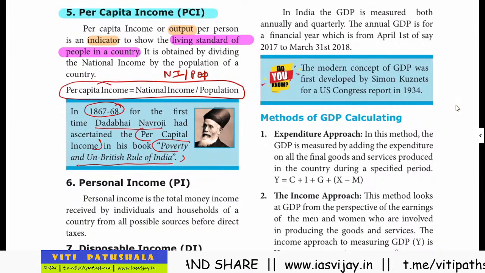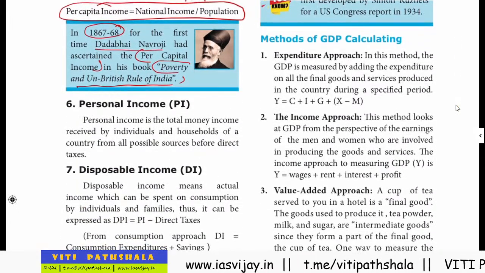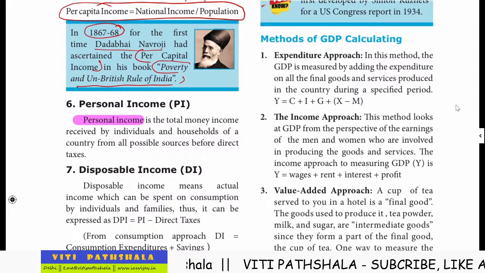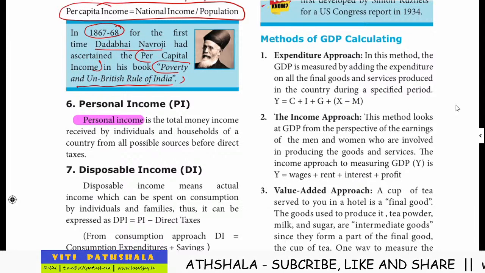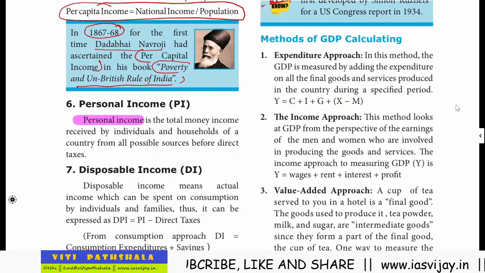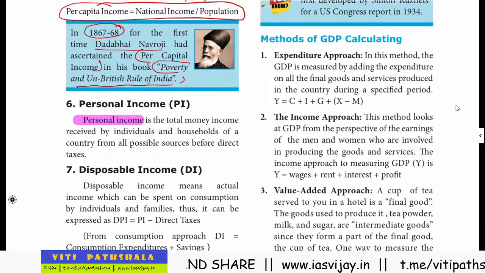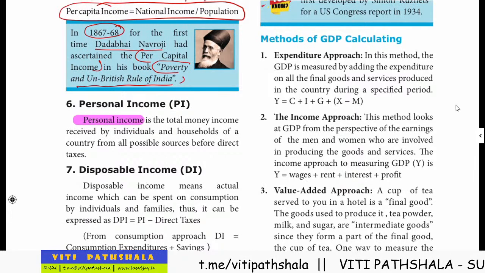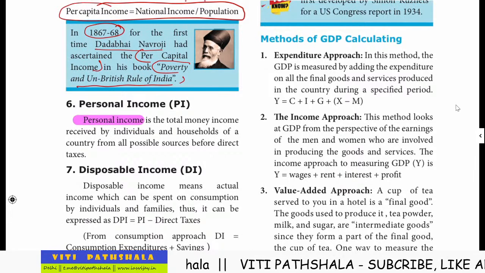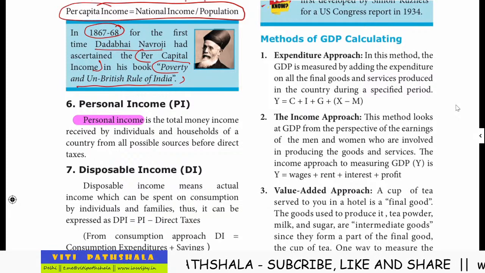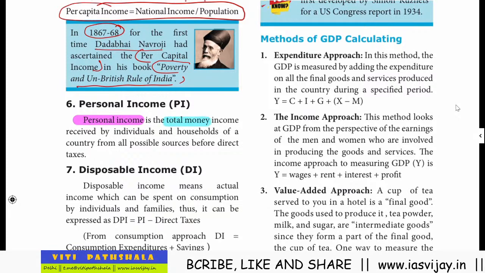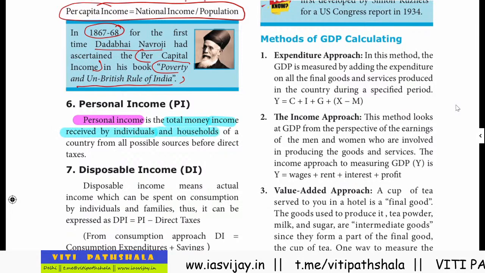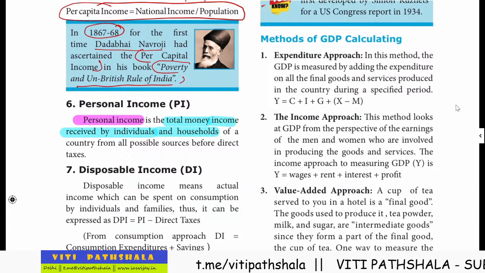Now, next is personal income. What do you mean by personal income? Personal income is the total money income received by individuals and households of a country from all possible sources before direct taxes. The keywords here are total money income received by individuals and households from all possible sources.